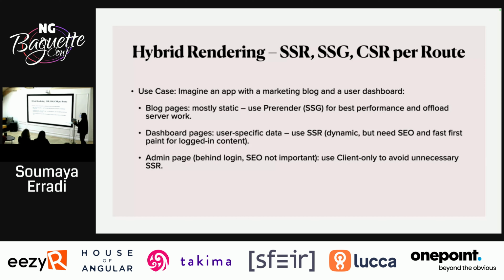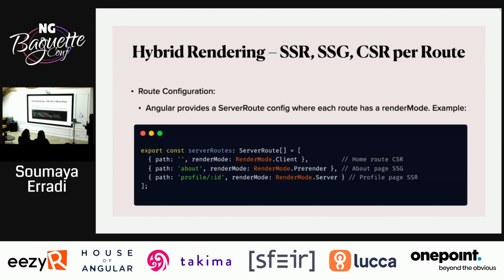But maybe you also have some admin pages, so you have a login, and in that case SEO is not that important. So if we have an admin page, we can just use client-side rendering, so we don't need server-side rendering or anything else. So we can avoid some unnecessary SSR when it's actually not needed. So how can we do that?